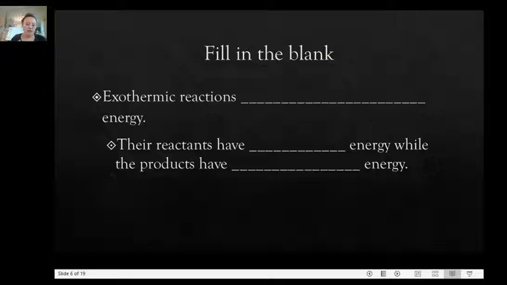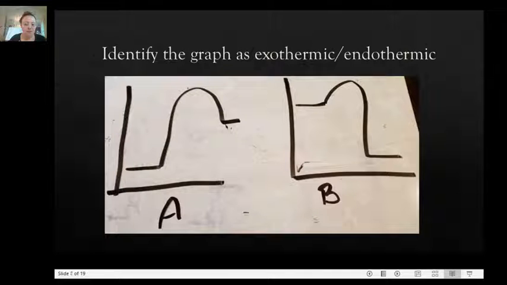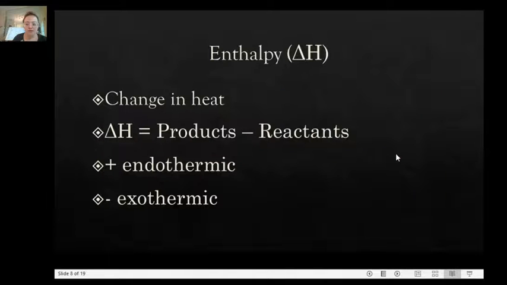So the reactants must have high energy to start with to be releasing energy, and the products have low energy. These high energy products must be the endothermic graph because they absorbed all the energy. These low energy products must be the exothermic graph because it released all the energy.